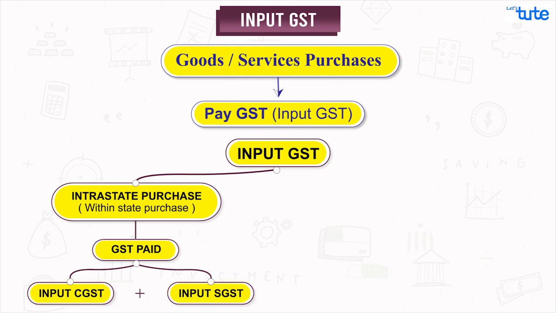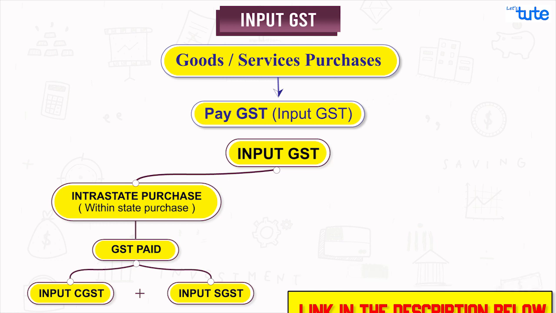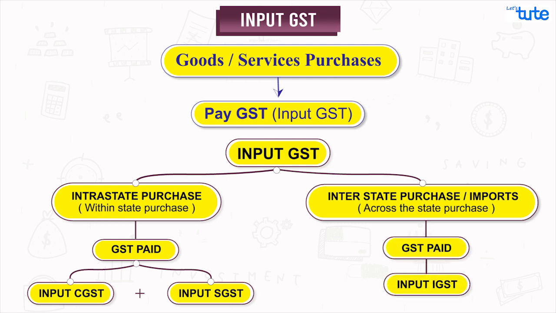Now why CGST and SGST? That we have already seen in the previous session. The link for the previous video is mentioned in the description box below, so you can refer that. In case of interstate, that is across the state purchase or imports into India of goods and services, the GST paid on it is accounted as input IGST.